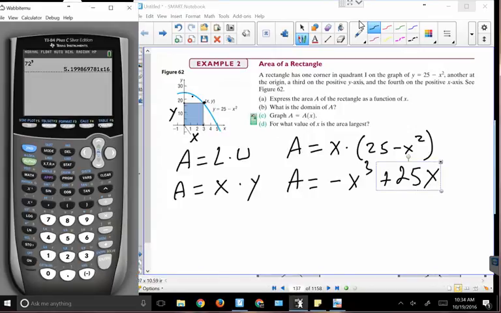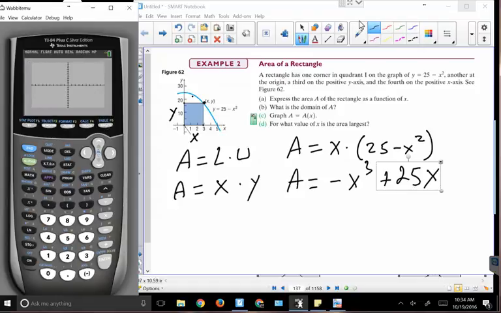Now, if I want to, I can drop that into the graphing calculator. Clear that out. There we go. So y is going to equal negative x cubed plus 25x.